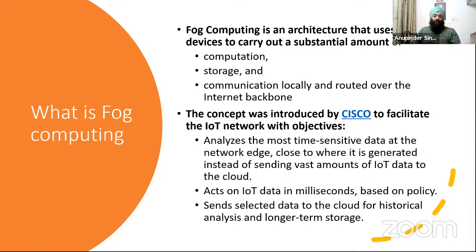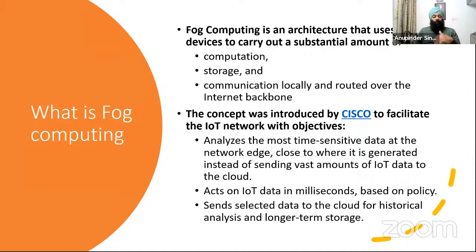That is the primary reason why fog computing and edge computing are most of the time used interchangeably, but they have their own set of properties. So when we talk about fog computing, this is what you should visualize in your mind: there is an additional layer of computation present between the cloud and the end resources.